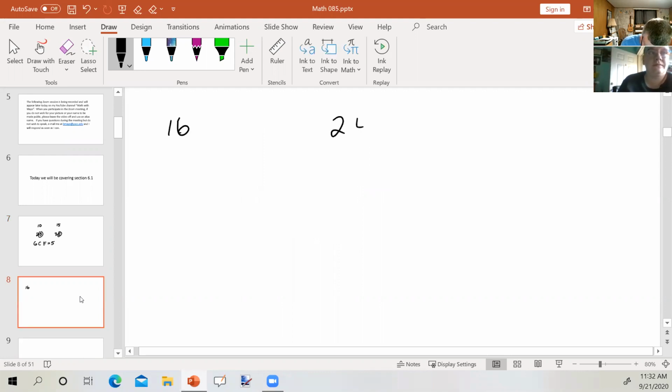16, 24, and 48. Well, if we break 16 down into prime factors, let's see, 4 times 4, 2 times 2 times 2 times 2.